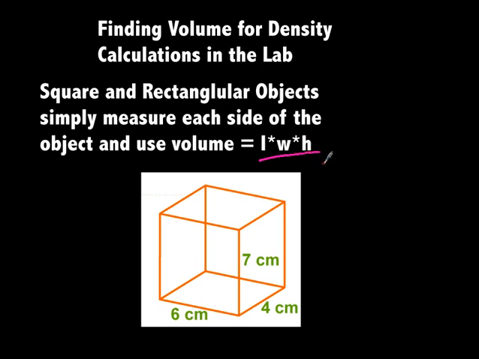That should be an old formula for you. So you can just take a meter stick or a ruler and measure this length, width, height, making sure you're including the estimated digit before you do that. So in this case, it'd just be 6 times 7 times 4. And then you take that value and you just do mass divided by volume to get the density. Okay, so those ones are going to be pretty easy.